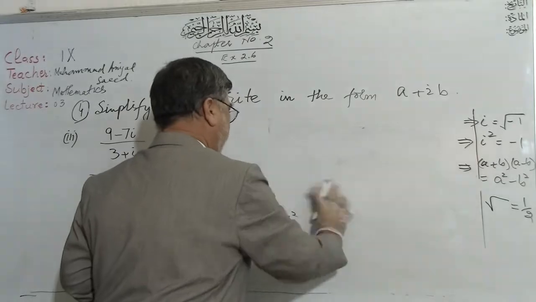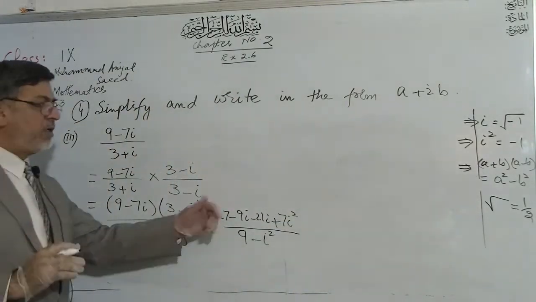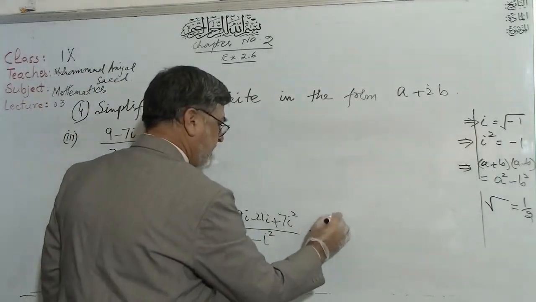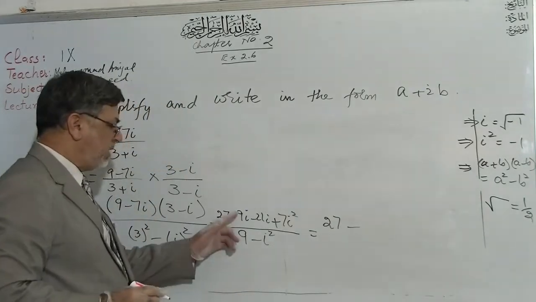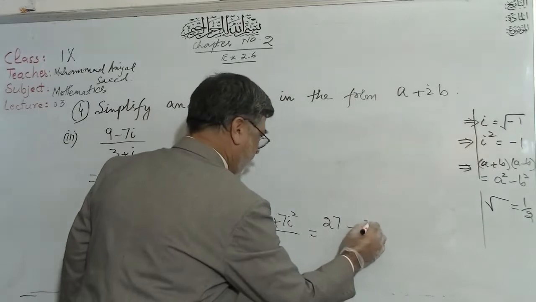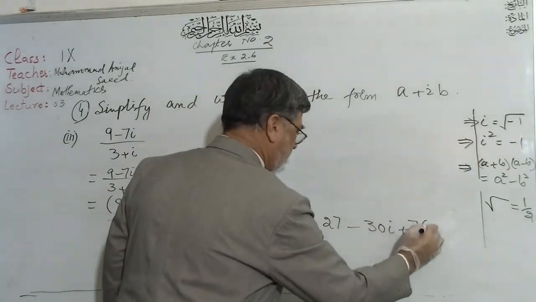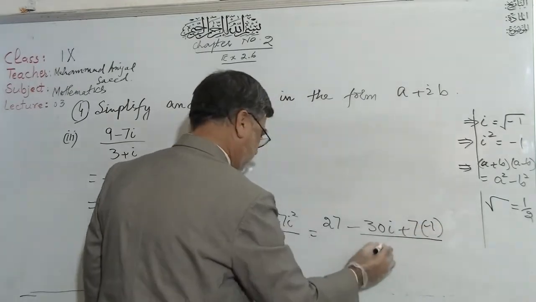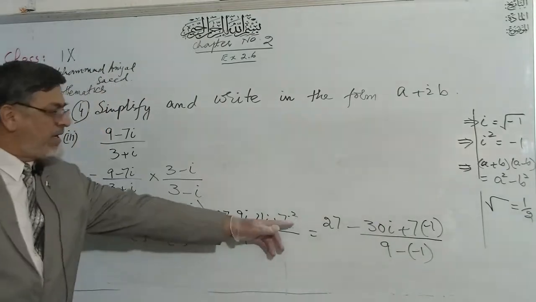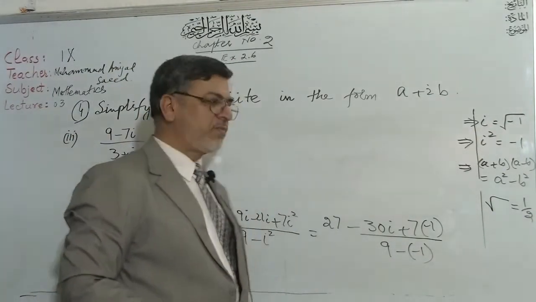Now we can apply the formula by using the value of iota square. We can find 27 minus 9 iota minus 21 iota. That will be minus 30 iota. Plus 7 into iota square value is minus 1, and 9 minus and then minus 1 also. Here above and below we apply the formula iota square is equal to minus 1.